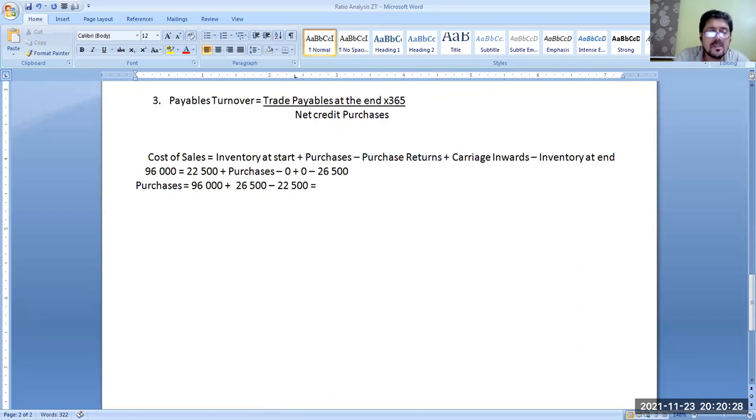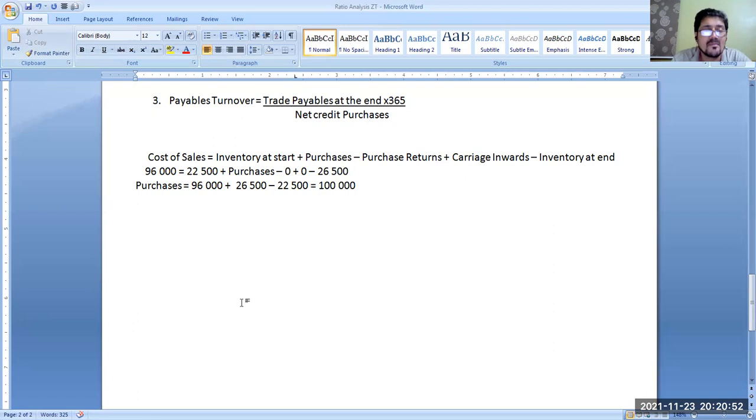So what will be the amount of purchases then? 96,000 plus 26,500 minus 22,500. Answer is 100,000, that is your purchases. And all purchases are made on credit. So this is the total purchases, also your net credit purchases, because returns is not given.